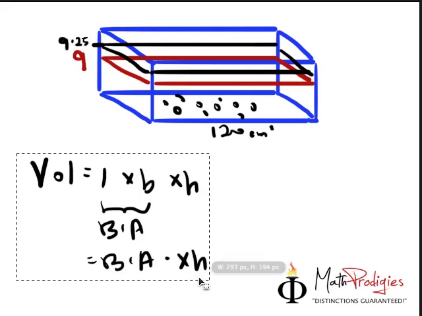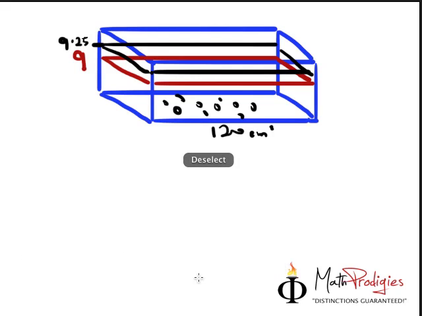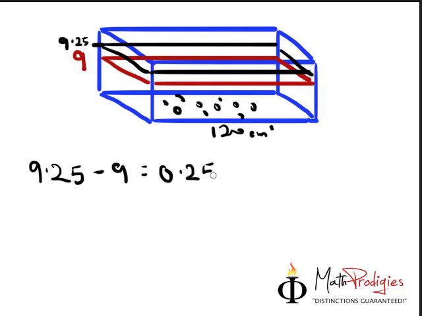What is the volume of the marbles? The volume of the marbles is base area times height. The height here, the difference, is 9.25 minus 9, which gives me 0.25. That's the difference in the water height when the marbles were thrown in. To find the volume of the marbles, I simply multiply the base area by the height.